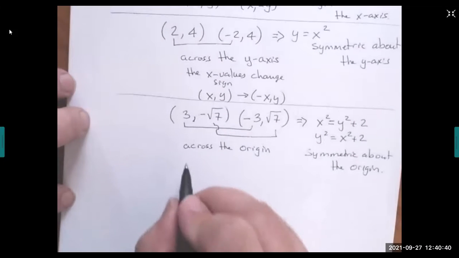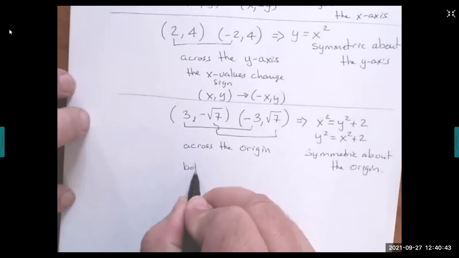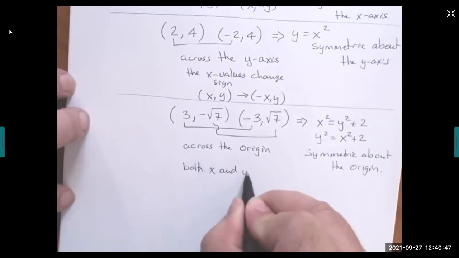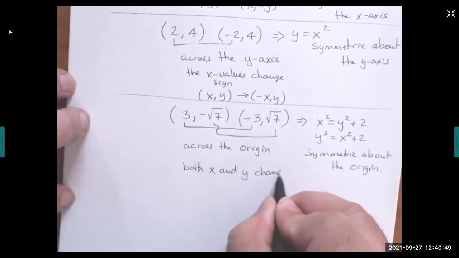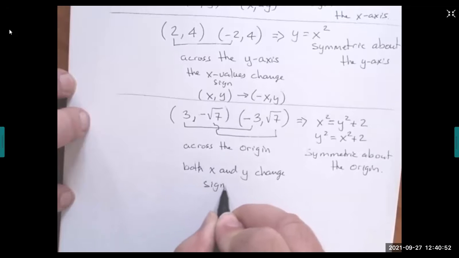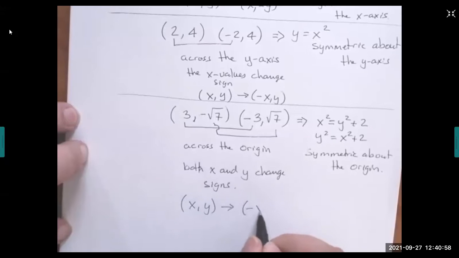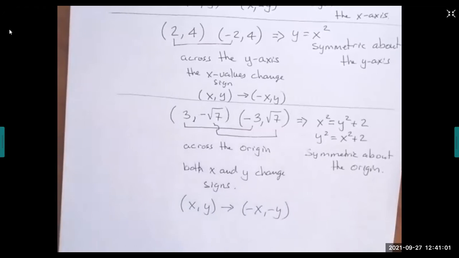And across the origin, both x and y change signs: (x, y) to (negative x, negative y). So far, so good?